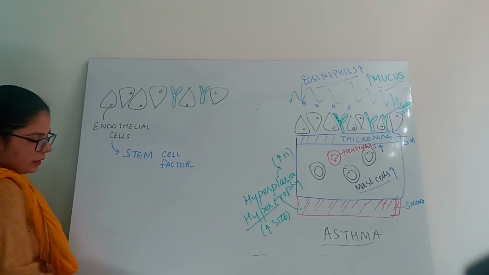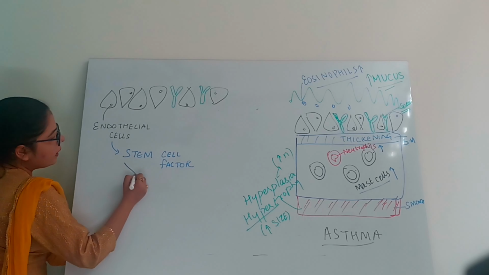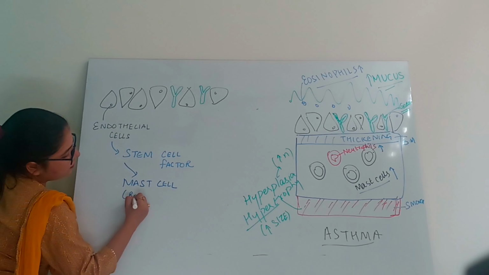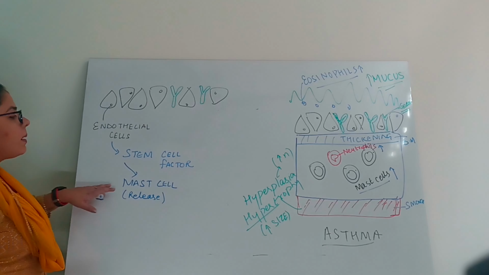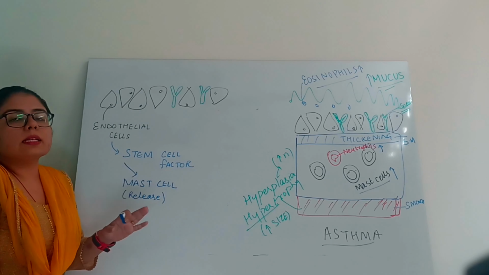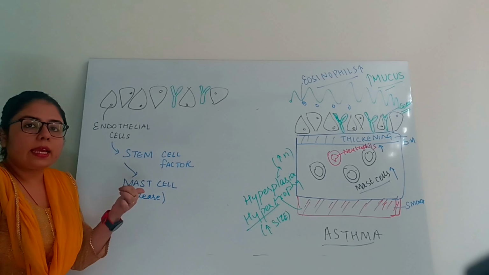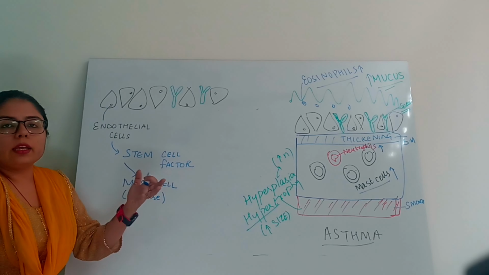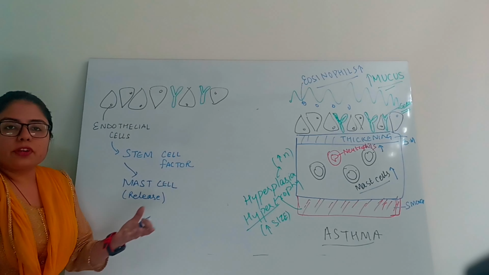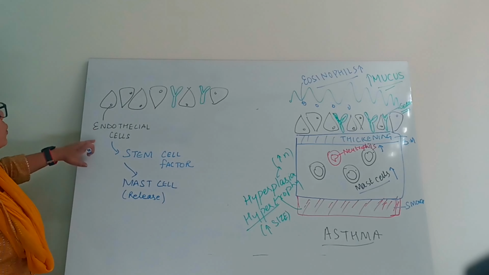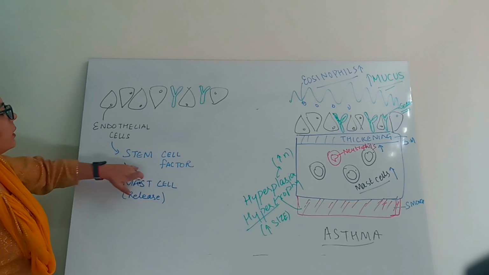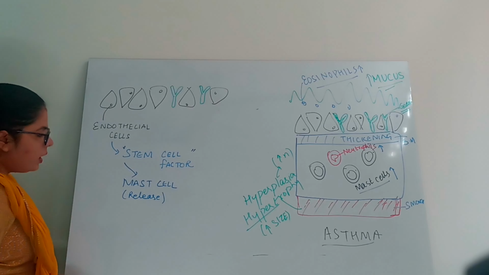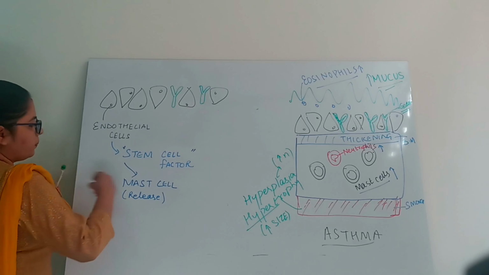This stem cell factor is responsible for maintaining the mast cell release. This is very important because the mast cell will bind to the IgE antibody, which will further trigger the release of histamine, which is responsible as a defense reaction of the body in case of an asthmatic condition. So endothelial cells trigger the release of stem cell factor in case of an allergen. I'll tell you why all of this process is starting here.